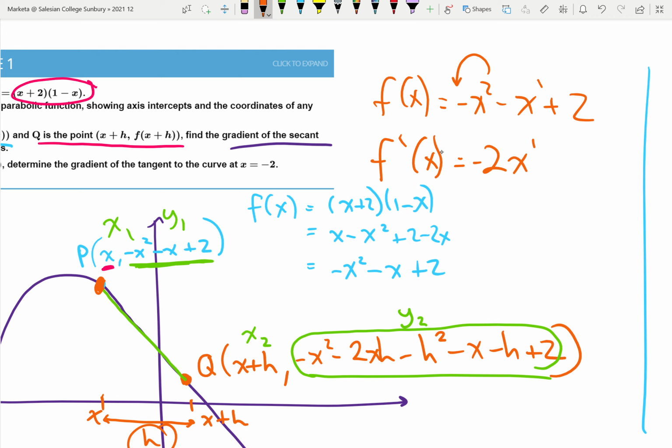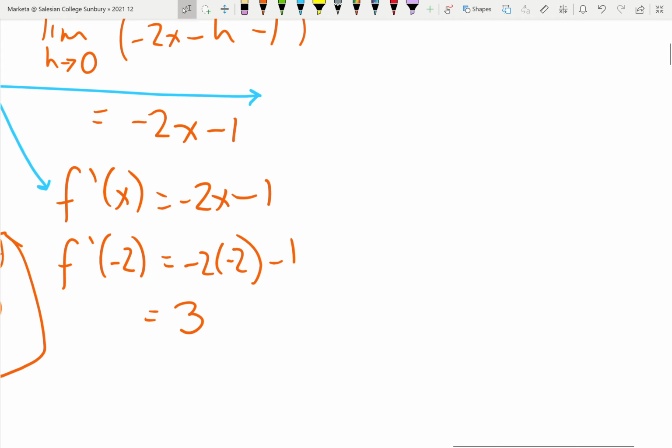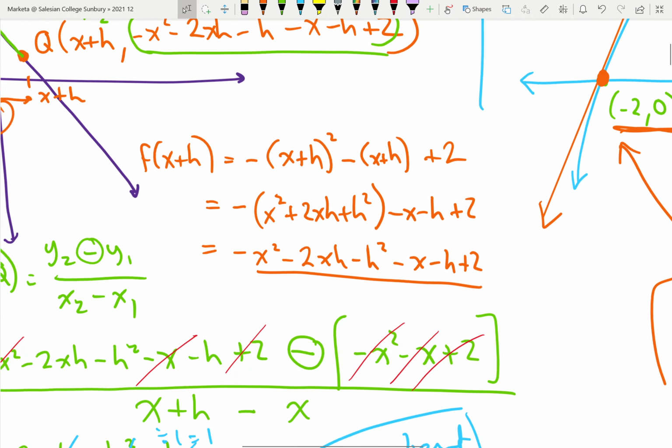And then this is 1 times negative 1, which is negative 1. x to the power of 1 minus 1 is 0, and anything to the power of 0 is 1, so it's times 1. So our gradient would be negative 2x minus 1. And indeed, that is what we saw when we got to the third part there, negative 2x minus 1.